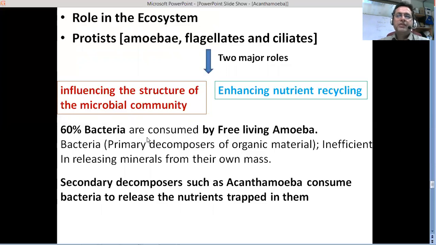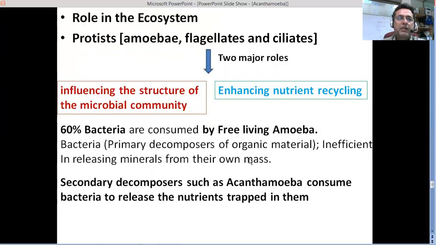And these amoebas are just digesting them, and they are helping the environment in the sense that they are providing these minerals trapped in the bacterial systems back to the environment. They are giving it back to the environment by decomposition of the bacteria.